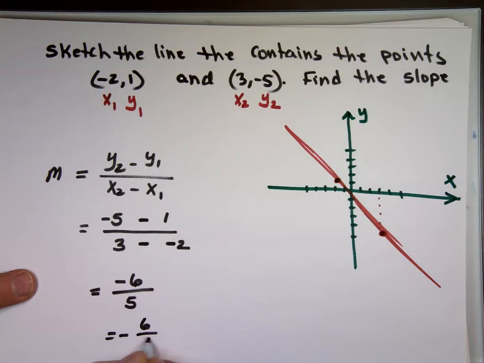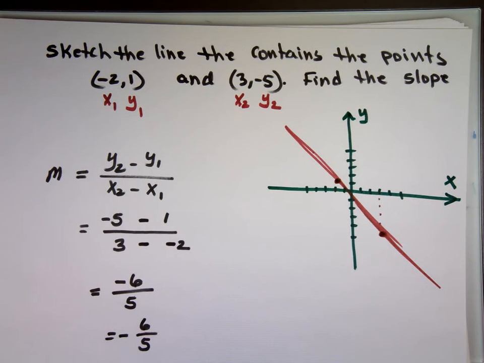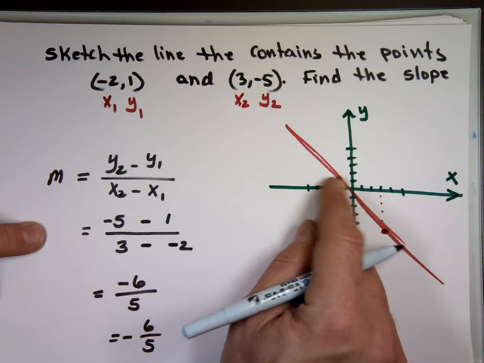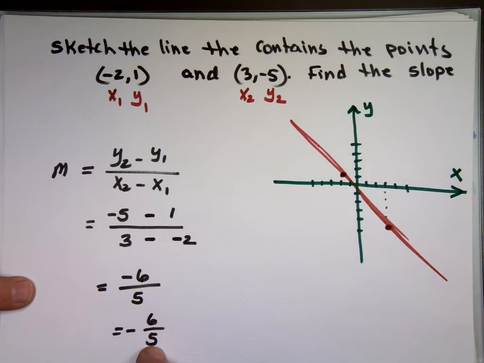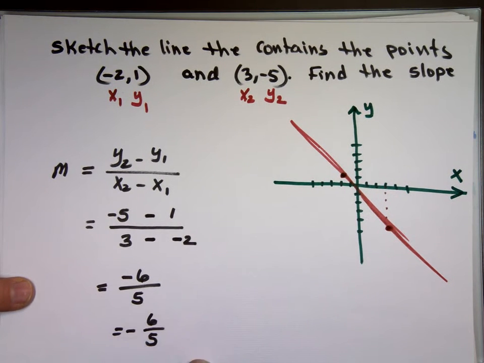It is a negative slope, and the graph says, yep, it's negative. What does that mean? For every 5 steps that you take to the right, you're going to drop down 6 steps in the y direction. This is the change in y over change in x.